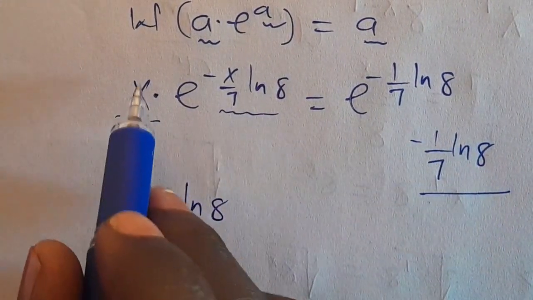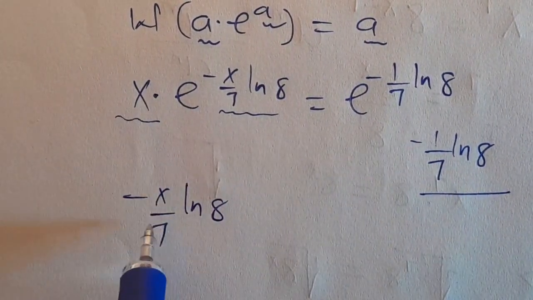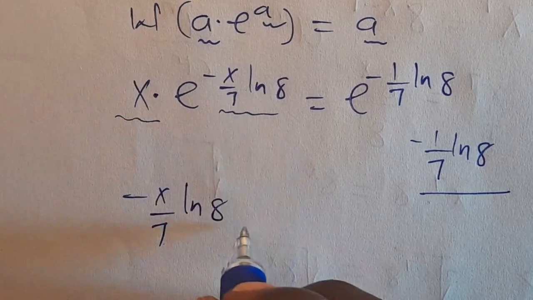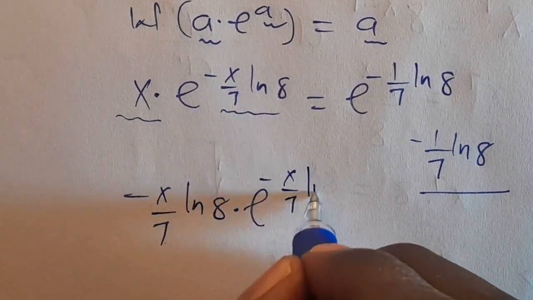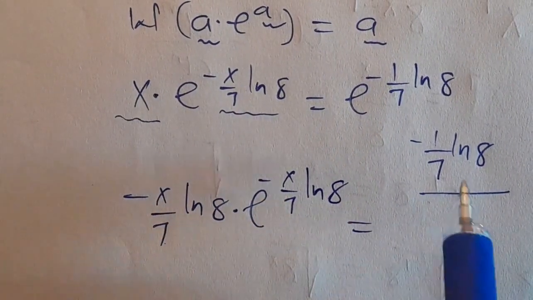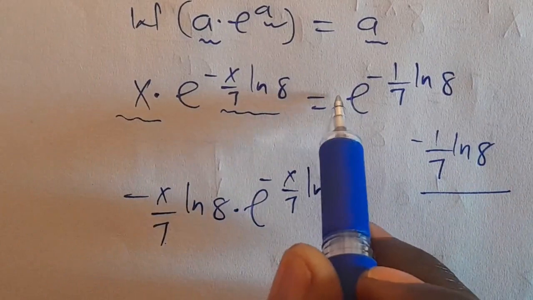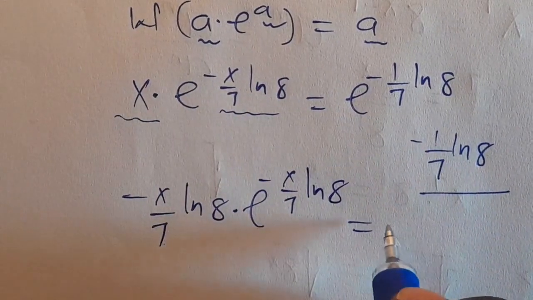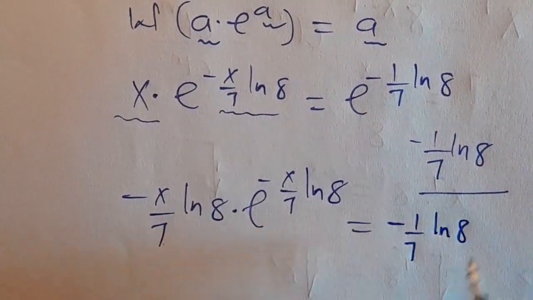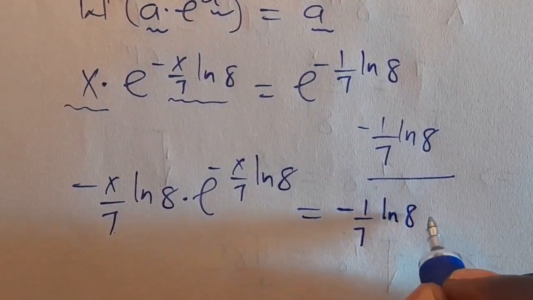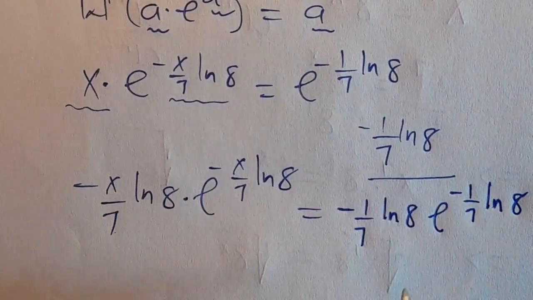When you multiply through by this one, we have minus 1 times x, so minus x divided by 7 ln of 8, then multiply by e to the power of minus x divided by 7 ln of 8 equals, when you multiply minus 1 divided by 7 ln of 8 here again, because we are multiplying through, this one will be minus 1 divided by 7 ln of 8, then e to the power of minus 1 divided by 7 ln of 8.